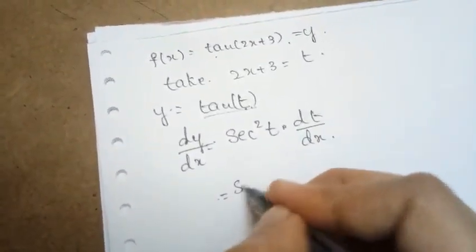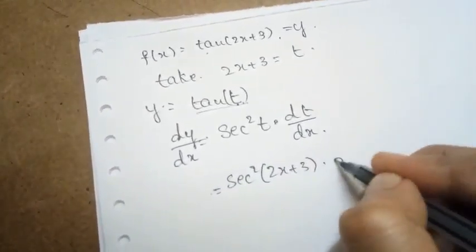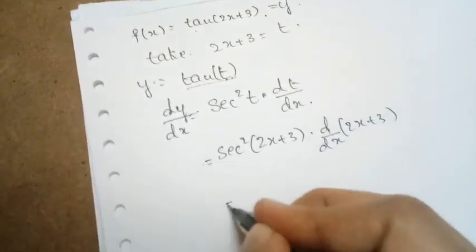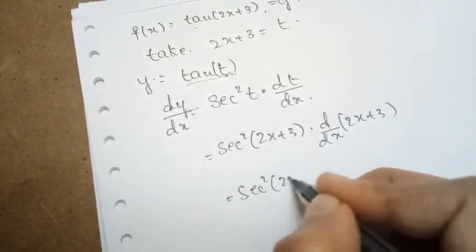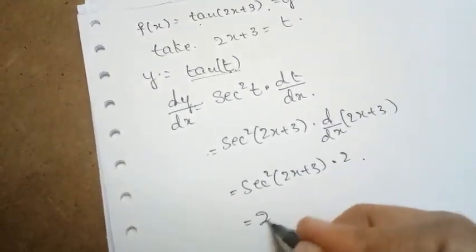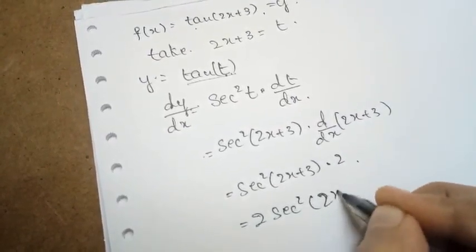What is t here? It is nothing but secant square 2x plus 3 times d by dx of 2x plus 3. Now what is the differentiation of 2x plus 3 with respect to x? It is 2. So the derivative is 2 times secant square 2x plus 3. This is the derivative of the given function.